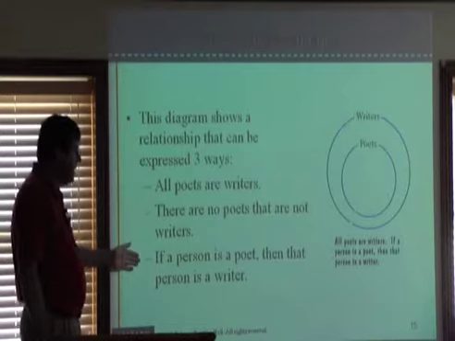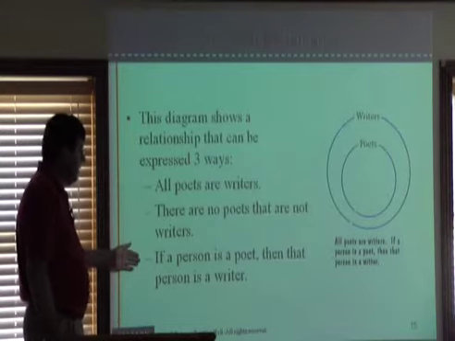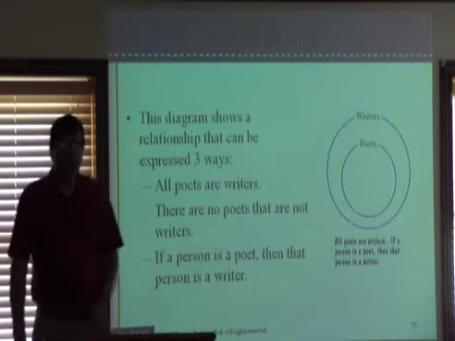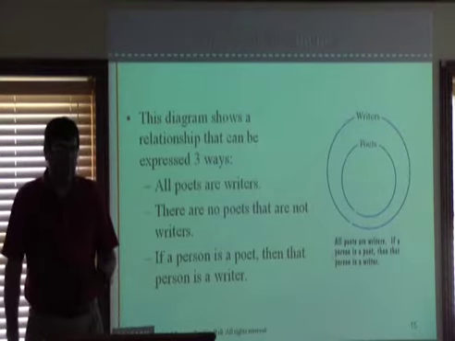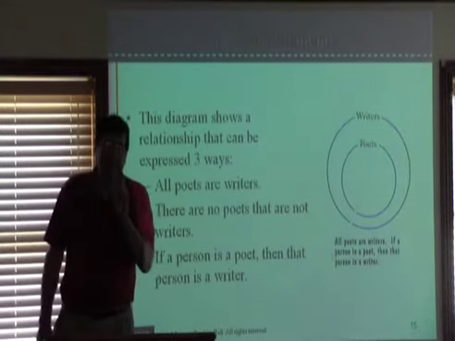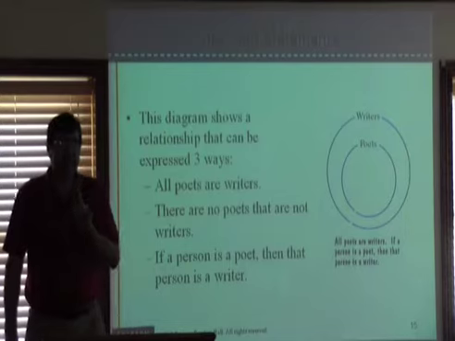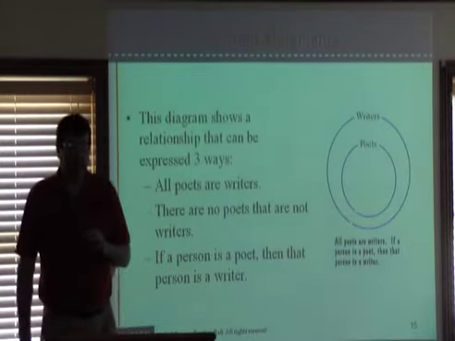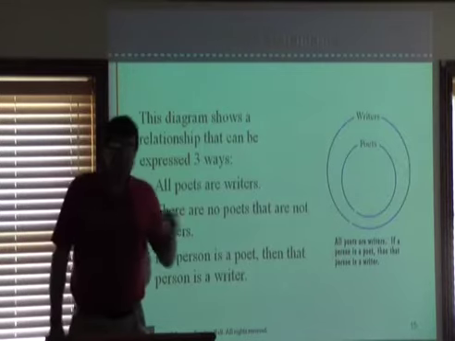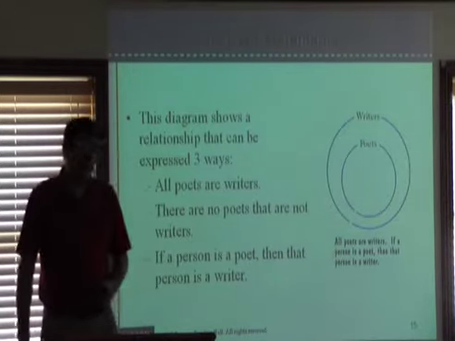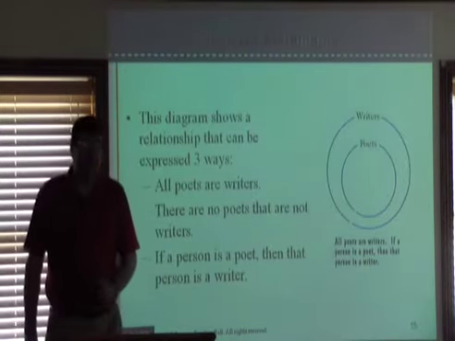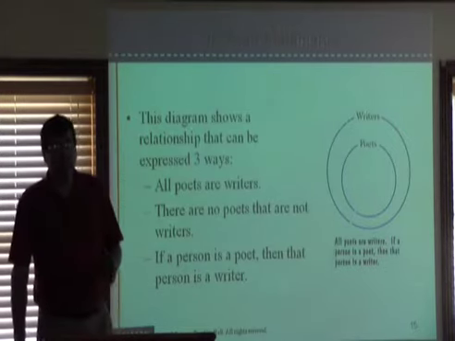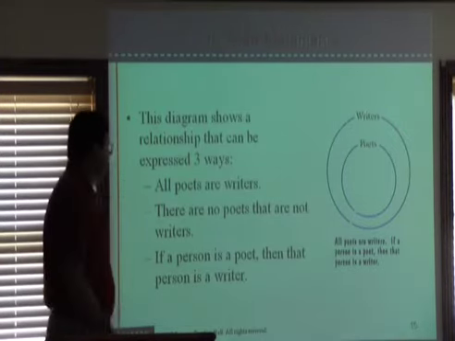If a person is a poet, then that person is a writer. Now notice that the language is showing you different ways, but the meaning is the same. That is the key. Logic is a study of reasoning that transcends cultures. And so the important thing is to understand what is being meant. It's also important to try to get the language down as well.